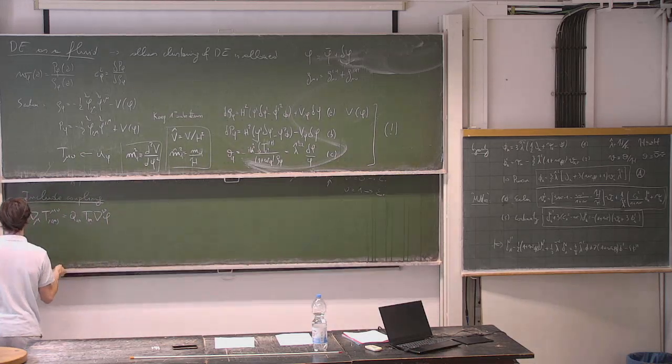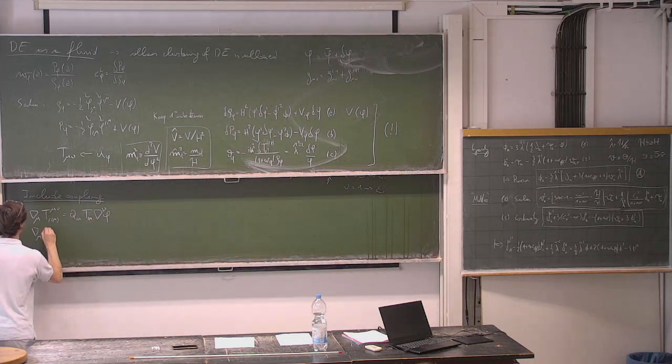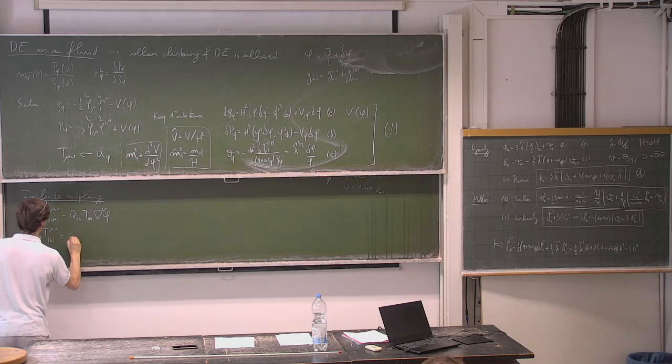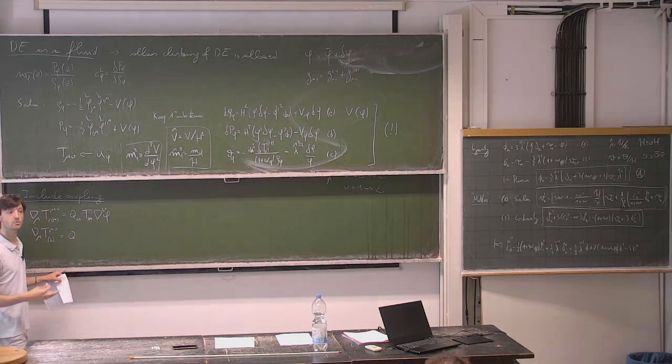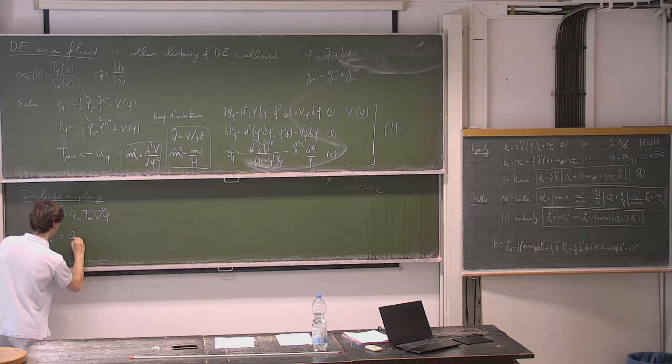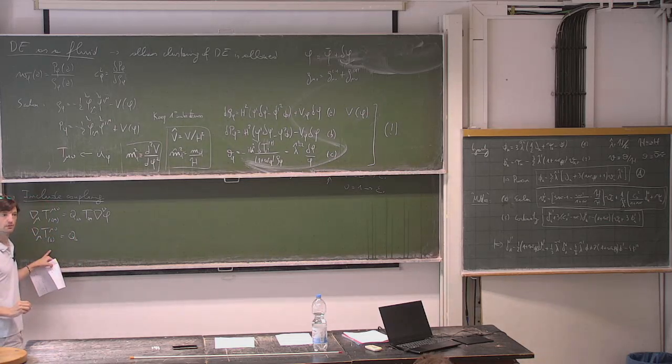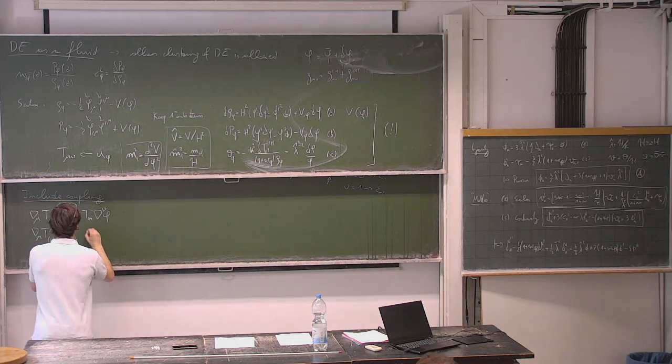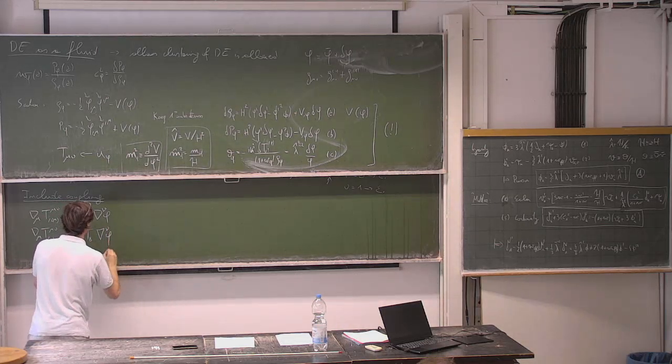Then we have the baryons, T mu nu for the baryons, and Q, which might be different in general. So we have the one of baryons. And T of baryons, and then the nu of the field.